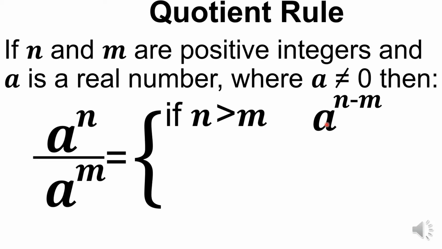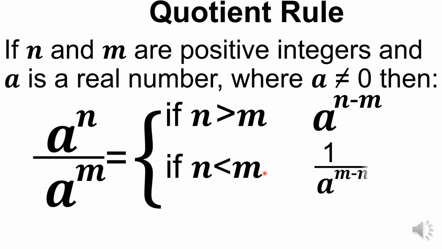In that case, you would use this formula, a to the power of n minus m. Next condition, if n is less than m, you can use this formula, 1 over a to the power of m minus n. What if the third condition is n is equal to m?